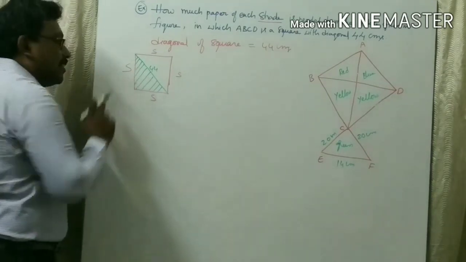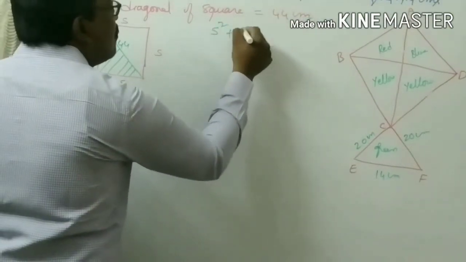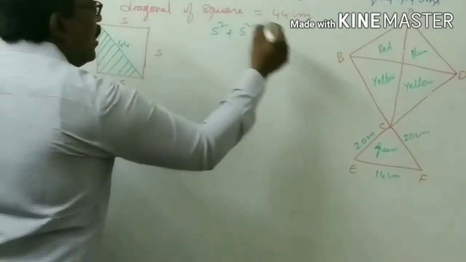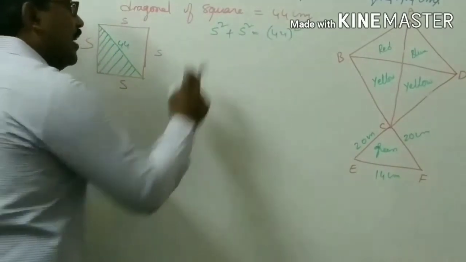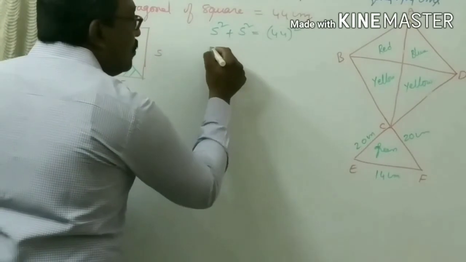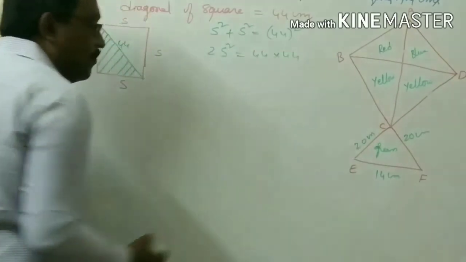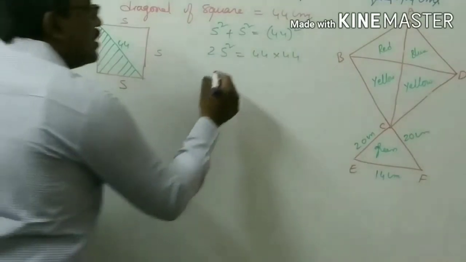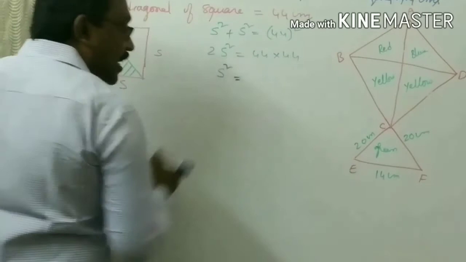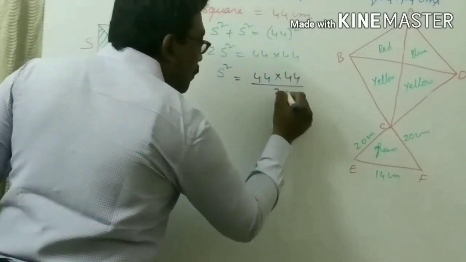Shall we use Pythagoras theorem? Right? Side square plus side square is equal to hypotenuse square. Side square plus side square is equal to 2 side square, 44 into 44. Now, I am writing side square is equal to 44 into 44 by 2.